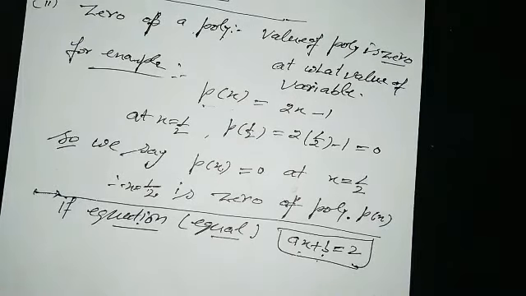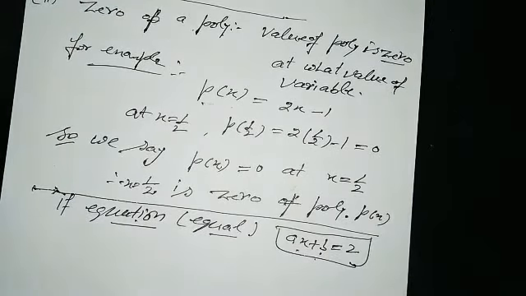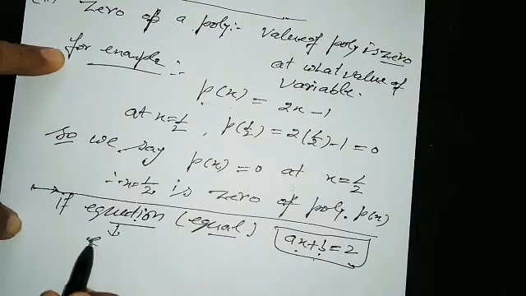So any polynomial can be made an equation if an equal to sign is inserted in that expression. Okay, so this word zero is converted into root. So if we have an equation, there exists a root.